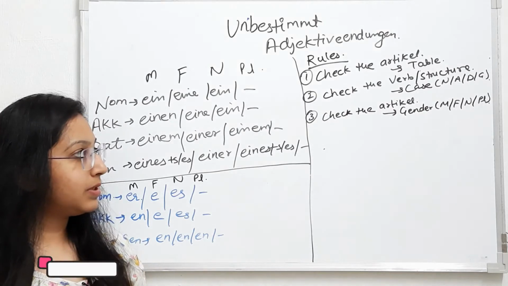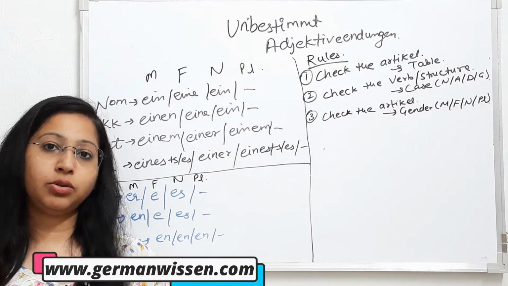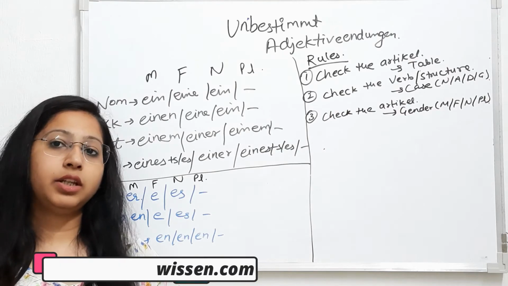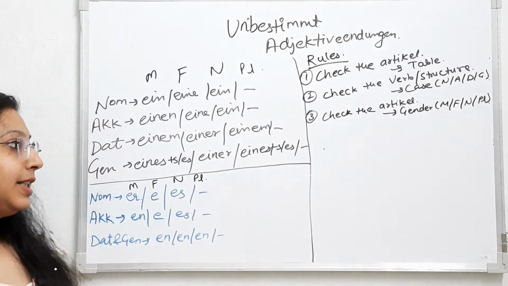And the last rule says check the article again to know what the gender is. Is it masculine, feminine, neutral or plural? So the first rule says check the article to know the table, the second rule says check the verb so that you can understand the case, and the last rule says check the article so that you can know which gender you have to use. Let's see an example here.